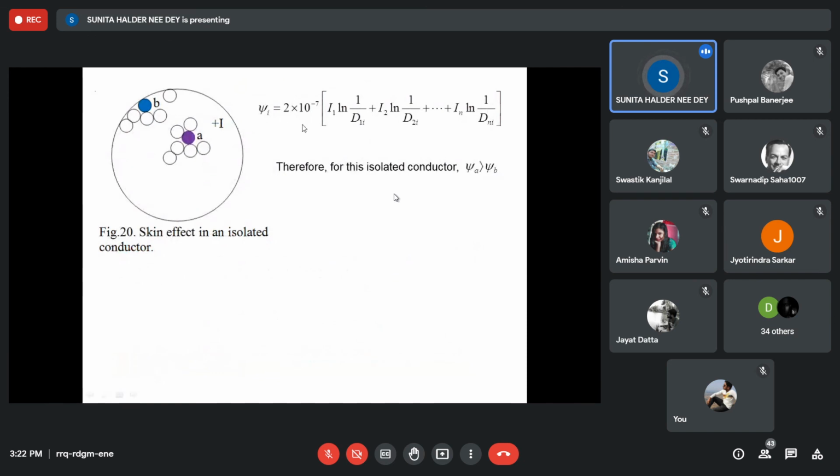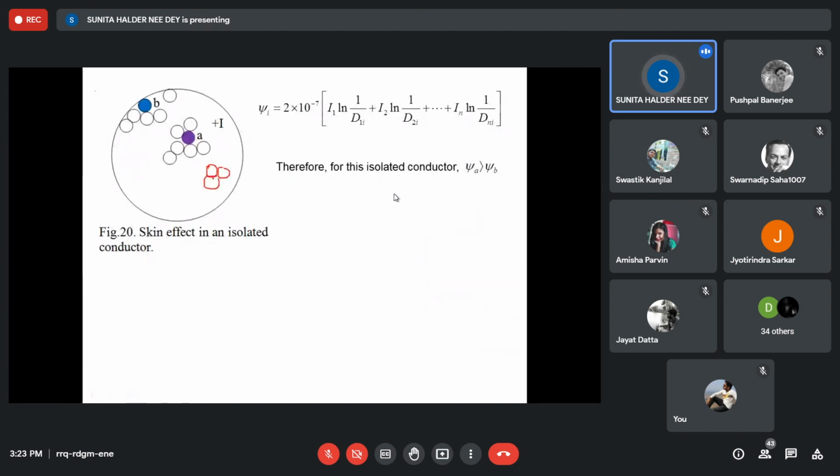Now you see, if you consider any position towards the center of the conductor, say conductor A, this A is surrounded by all the conductor itself. This A, the bigger circle cross section, you may consider as a solid conductor also. So for a solid conductor we may assume A as a number of subconductors in this way.